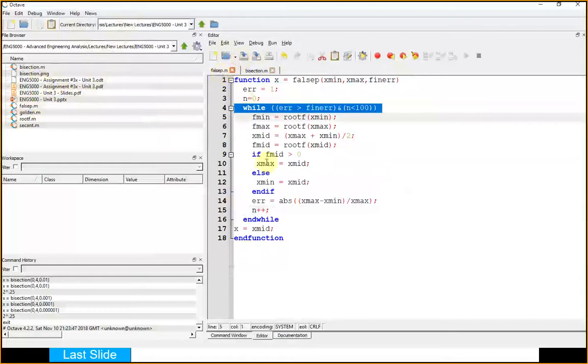Okay, so let's make the changes to false position now. In false position, you still have the limits, but now to find out where your mid is, you're not going to use just the middle, you'll use interpolation for your mid.